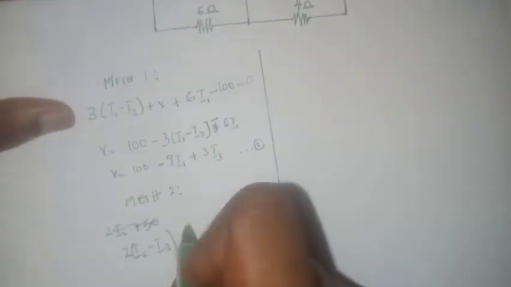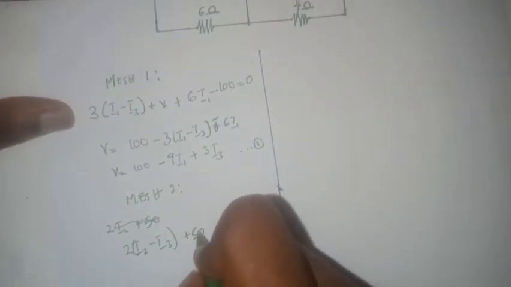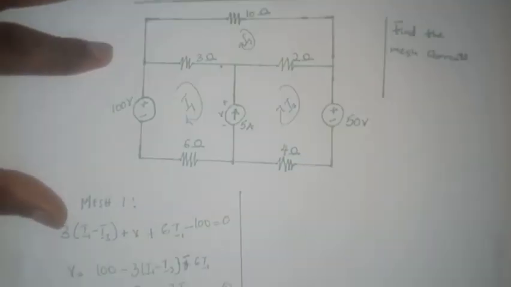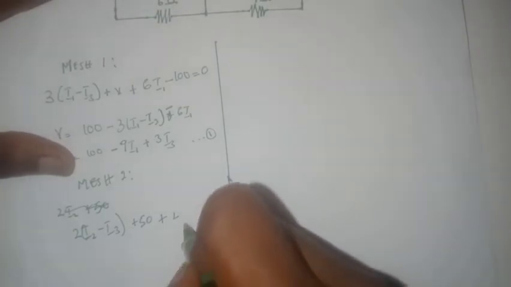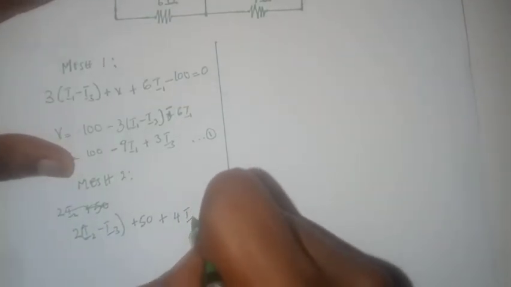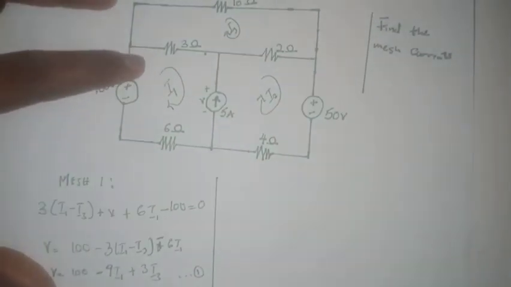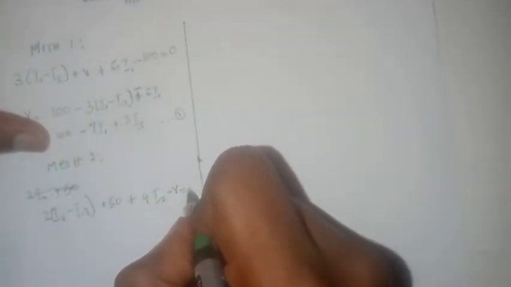We also have I3 opposing the current flowing through I2, then plus 50, then plus 4I2, then we have minus V equals 0.